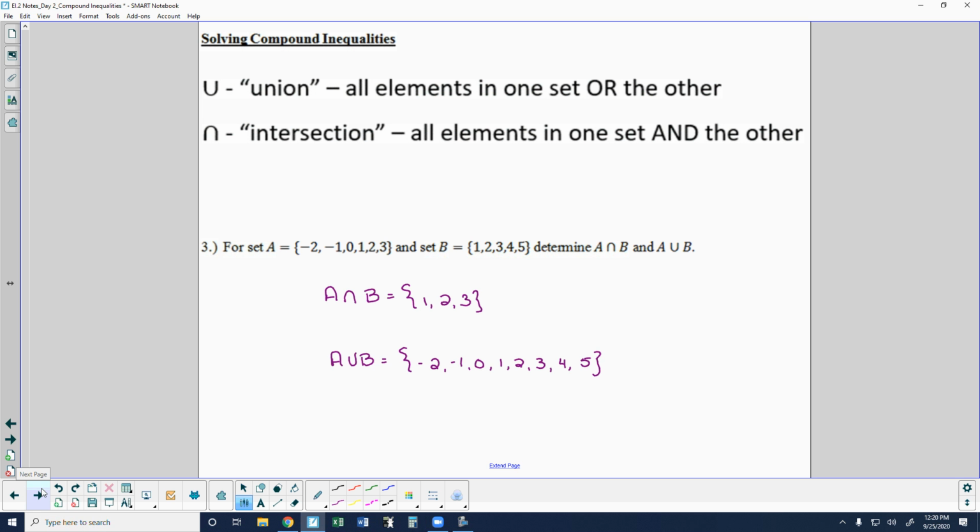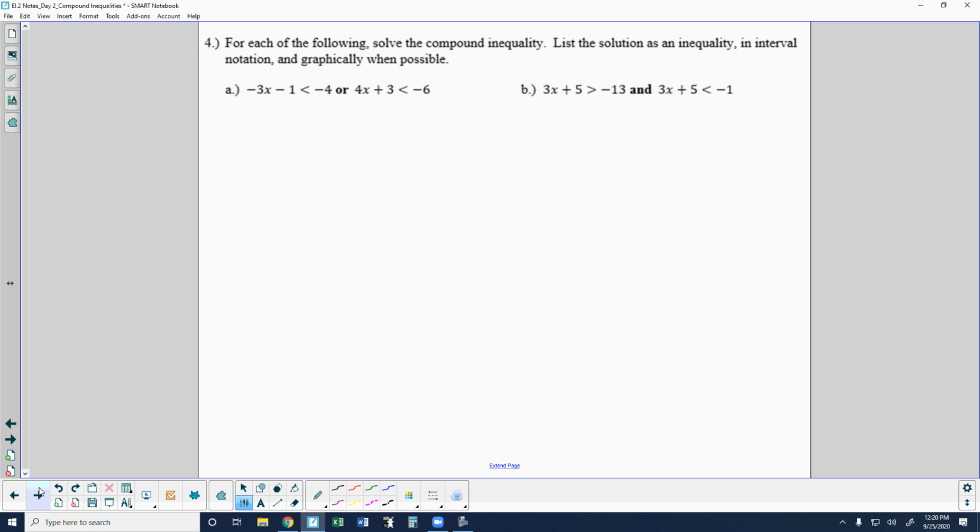Now, we can use this concept to help us solve compound inequalities. So if we take a look at problem number 4, it is like problem number 2, where we are going to solve the inequality, and we are going to put it in graphical representation and interval notation. So what we see in 4a is it describes the two inequalities with the word or.